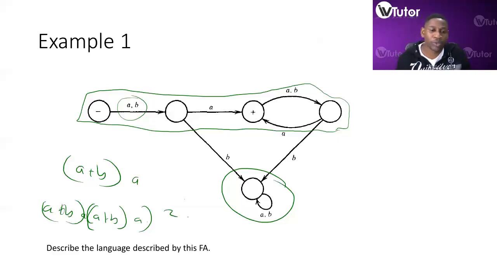So this is the language of all words that end with an A. Language of all words ending with an A and at least two letters. So also it maintains even, right? Language of all words ending with an A and of even length.